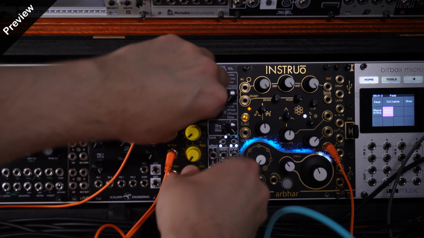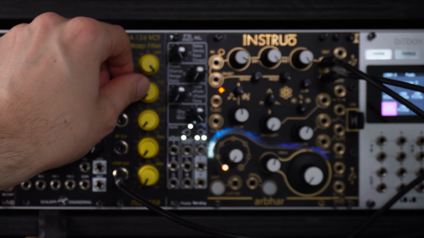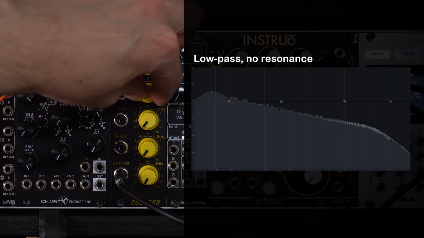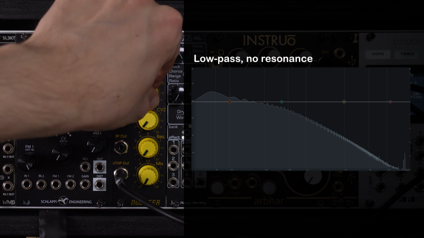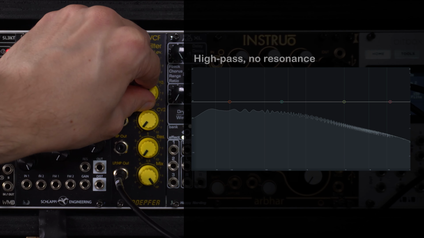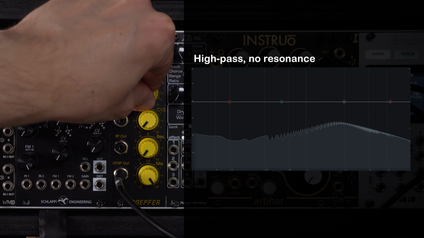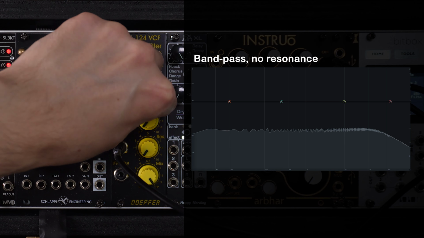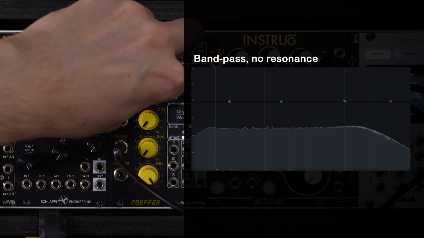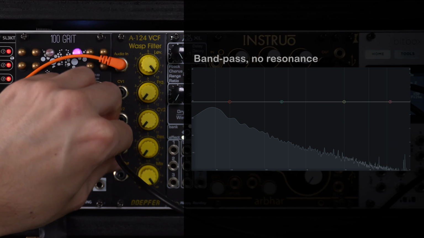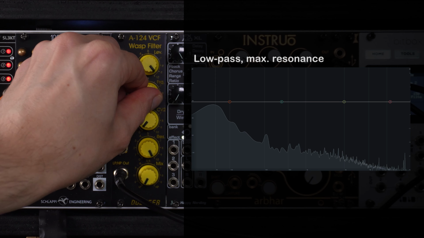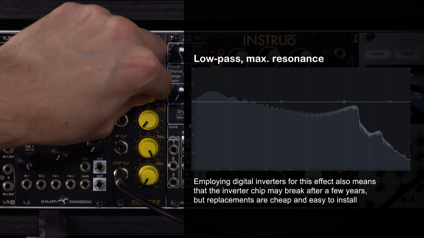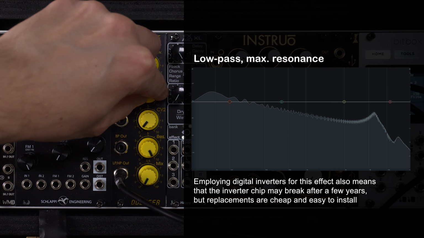To get started, let's have a listen how the filter shapes a saw wave, with no resonance enabled. The Wasp manual says that it abuses digital inverters as analog operational amplifiers, and when cranking up the resonance to max, you get a good sense of what that means.